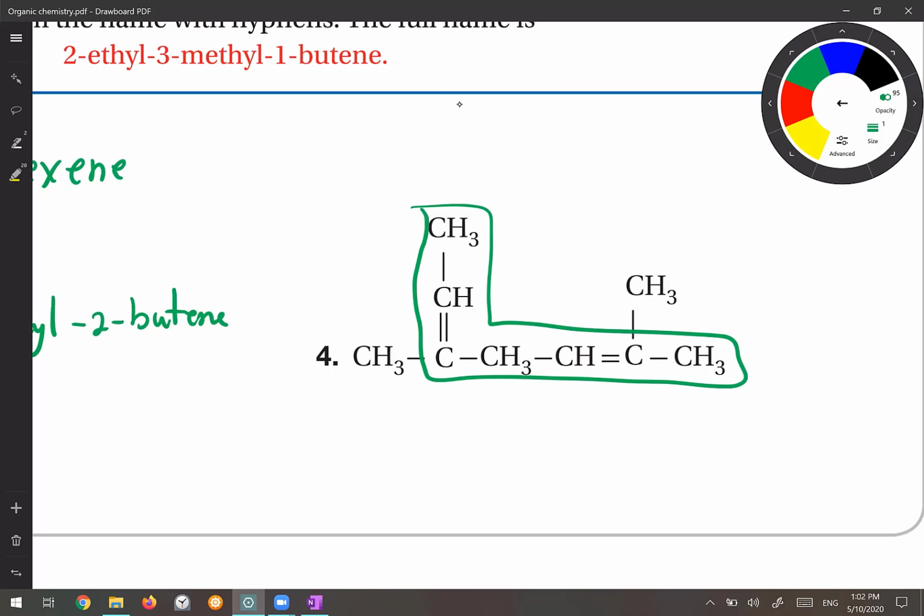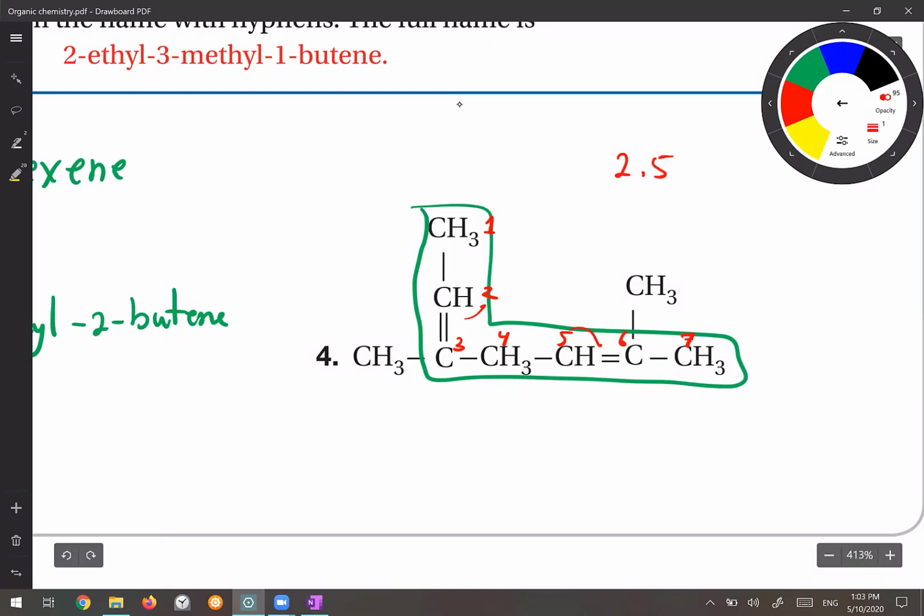Now let's number the parent. If I number it from the top, this would be carbon number 1, this is carbon number 2, this is carbon number 3, this is 4, this is 5, 6, and 7. The position of the first double bond is on the second position, and the next one is on the 5th position.